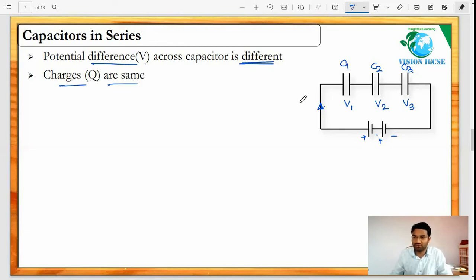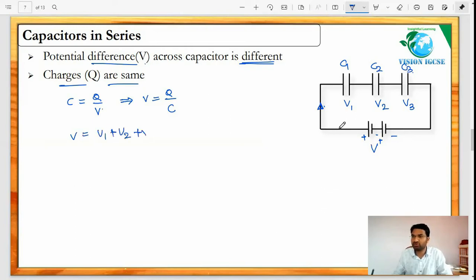Okay, so we discussed earlier that C is equal to Q over V. Just rearrange this formula: Q is equal to CV, and V is equal to Q over C, right? So here the total voltage across the capacitors in series is V equal to V1 plus V2 plus V3.